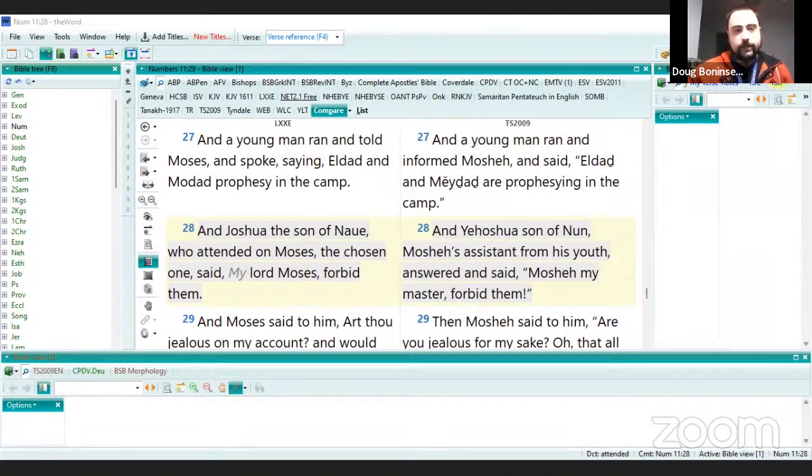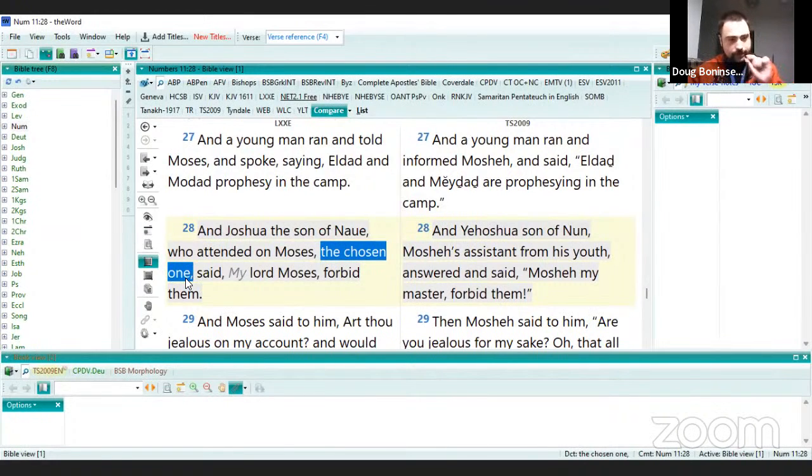Let me just, I've got background noise going on here. All right, so we're going to the next bullet point. Numbers 11, verse 28: Yahshua, son of Nun, who attended on Masha, the chosen one, said, Master Masha, forbid them. Again, I find it interesting that the Masoretic left out the chosen one. There could be a reason behind this.